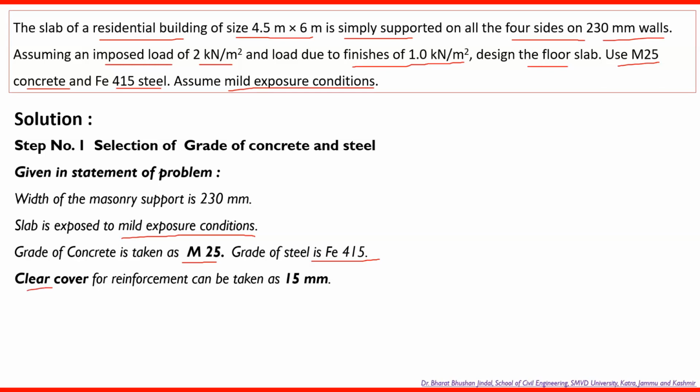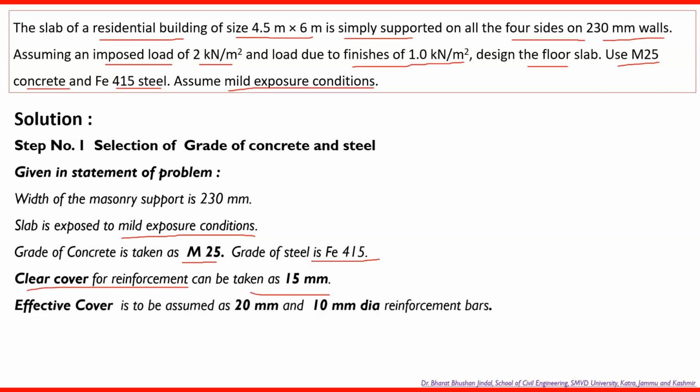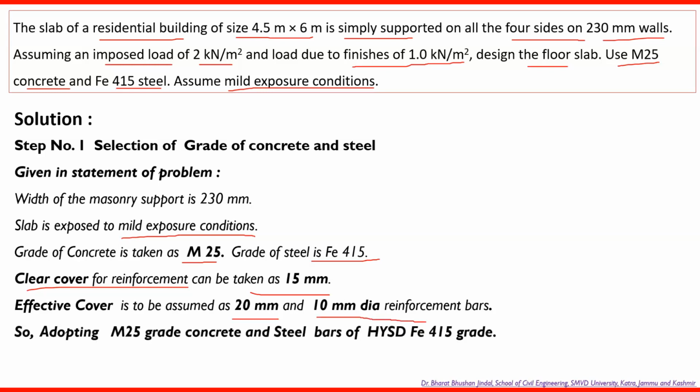Since it is a mild exposure condition and a residential building, we can take the clear cover for reinforcement as 15 millimeter, and accordingly the effective cover we can assume as 20 mm. The reinforcement bars we are going to use as tensile reinforcement will be high strength steel bars of diameter 10 mm.